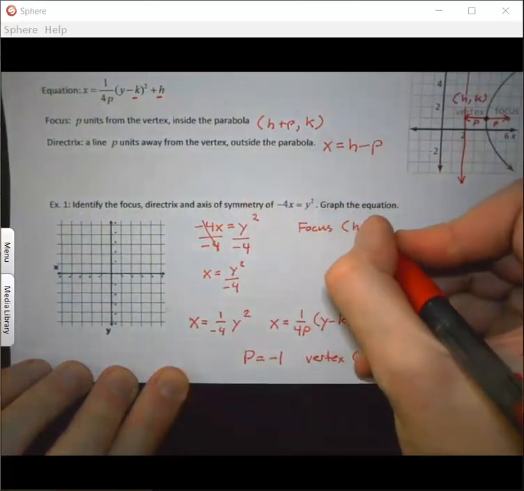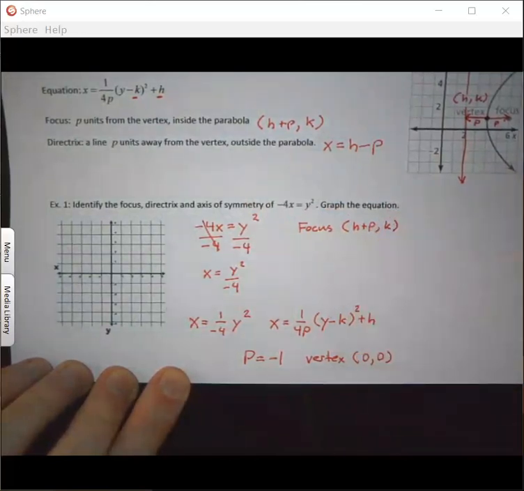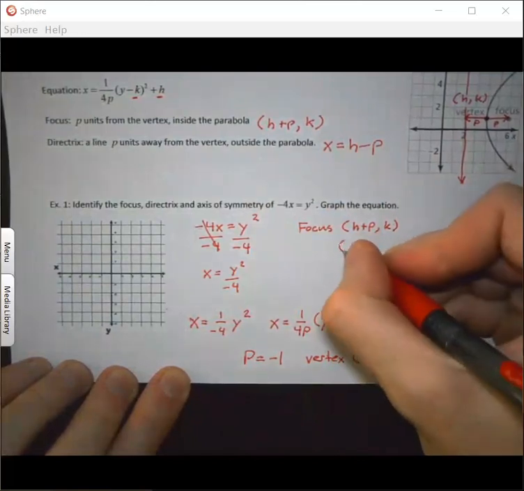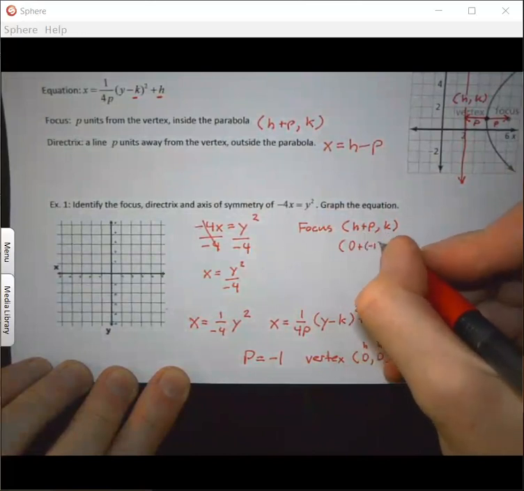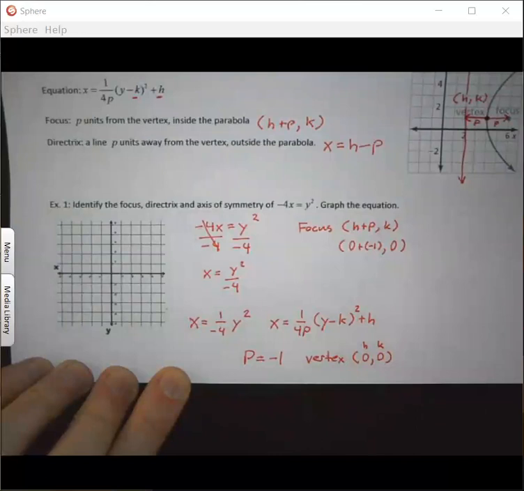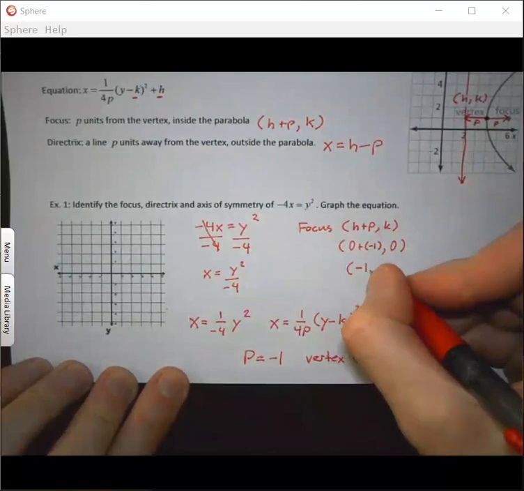It's going to be h plus p, k. So our h is 0, our k is 0. So it's going to be 0 plus negative 1, 0. So our focus is negative 1, 0.